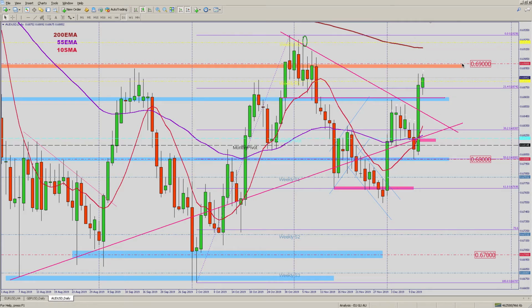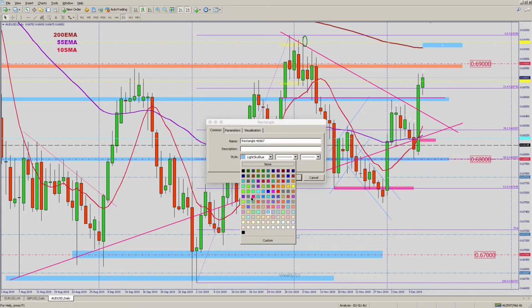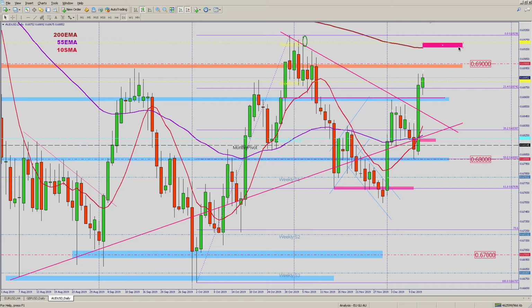Right, so watch out for this critical resistance zone. If it does break out higher, there is a potential zone up here as well, between the daily 200 EMA at 0.6916 and the weekly R2 pivot level at 0.6922.